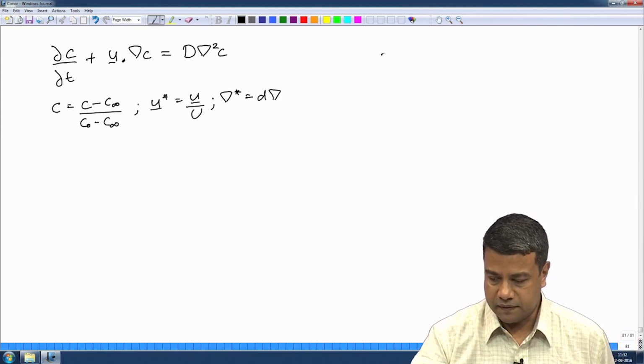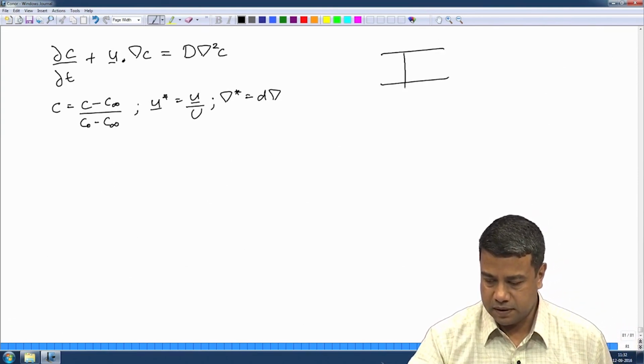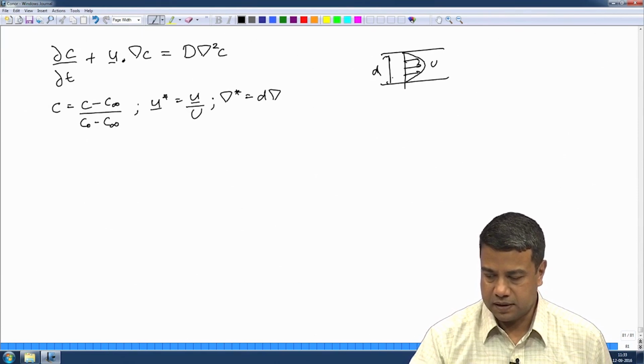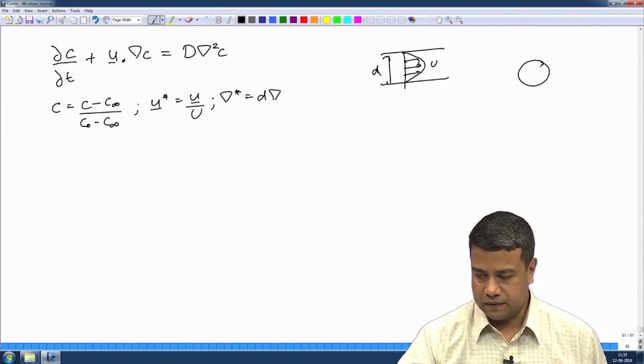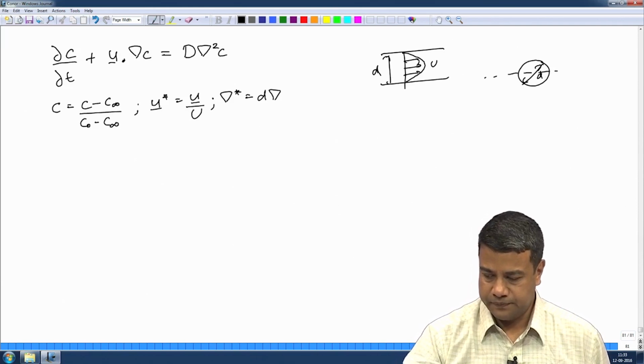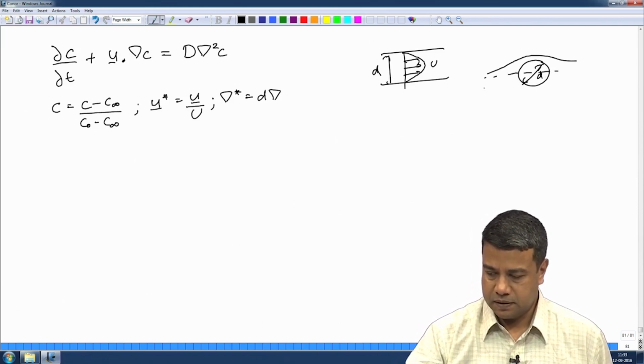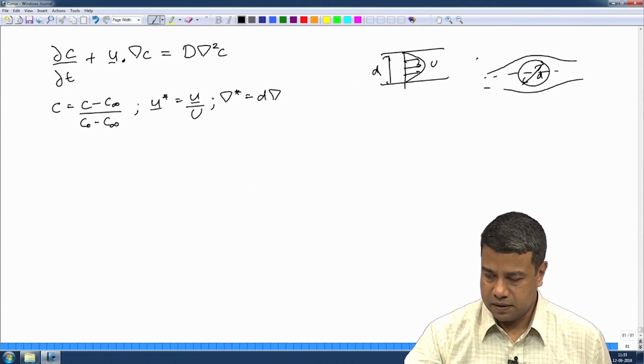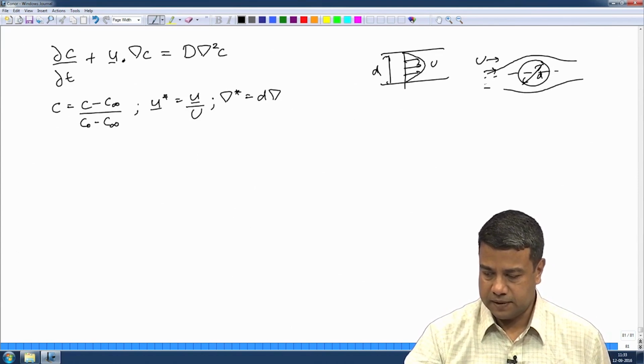Where I have, for example, in the case of internal flows, velocity u and a characteristic length d. For external flows, okay, this is d, the characteristic length, and this is the velocity u.